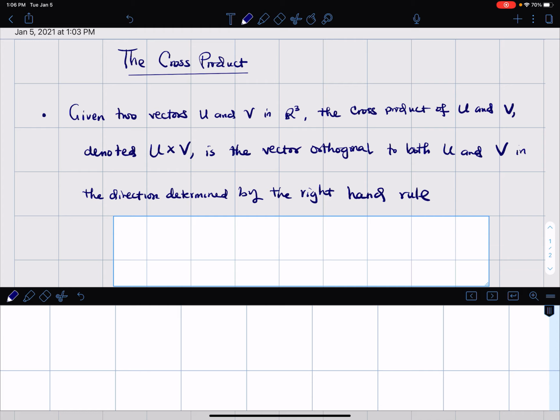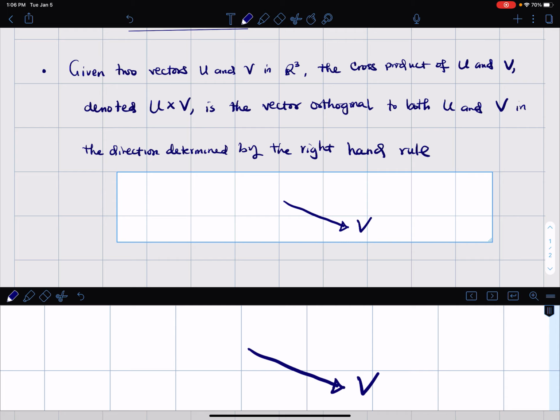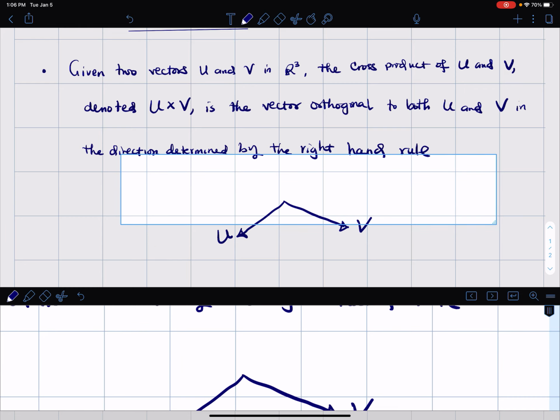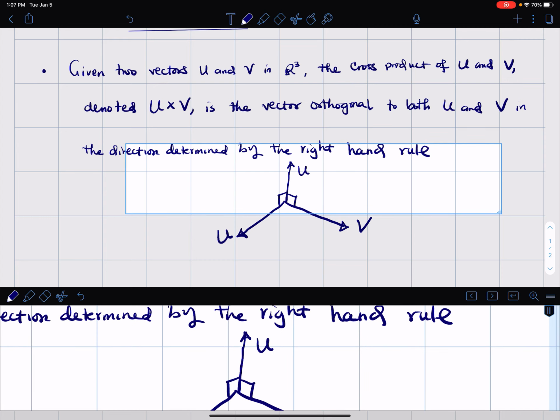So assuming we have the vector v here, and let's have v on the y-axis and u on the x-axis. If we have this vector that is orthogonal to both of them, then this is going to be u cross v.